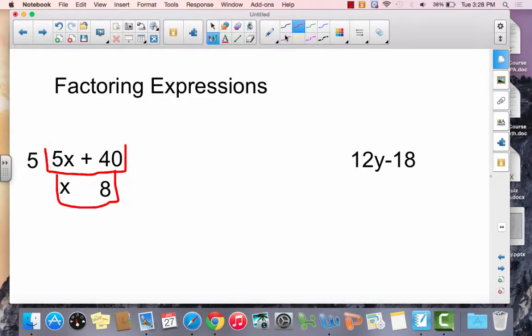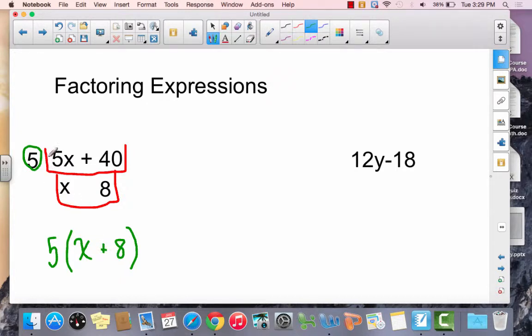So here's what happens. This number off to the side here becomes the number that's outside of the parentheses. The terms that are the bottom layer of your cake, the x and the 8, that can no longer be simplified, go into the parentheses. And you keep whatever sign there was.